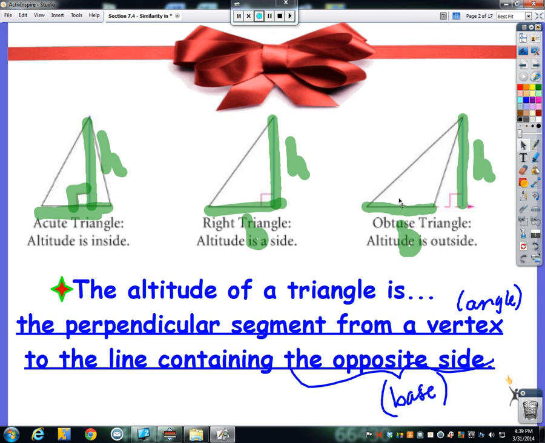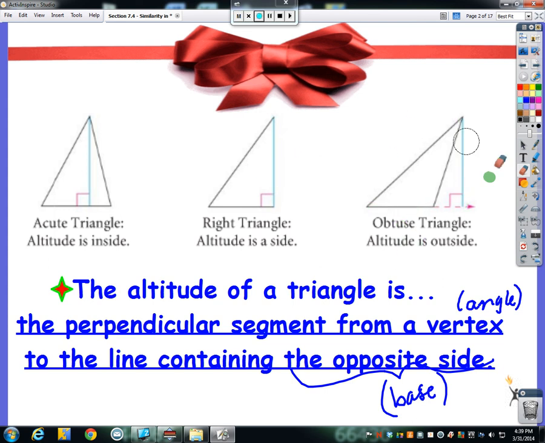Now, there are multiple altitudes in any triangle. Since it says it's the perpendicular segment from a vertex, well, technically there are 3 vertices in every triangle. So there are 3 altitudes. I just showed you 1 in each of these kinds.